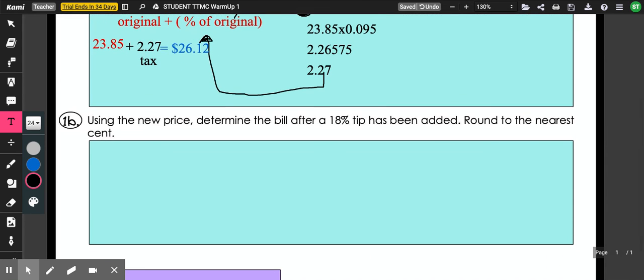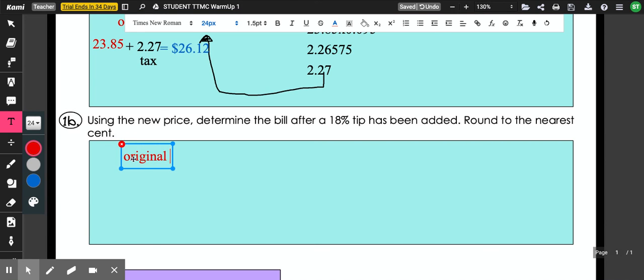Using the new price, determine the bill after an 18% tip has been added, round to the nearest cent. So now we're going to be doing the same exact thing. So we have our original amount plus the percent of original here.